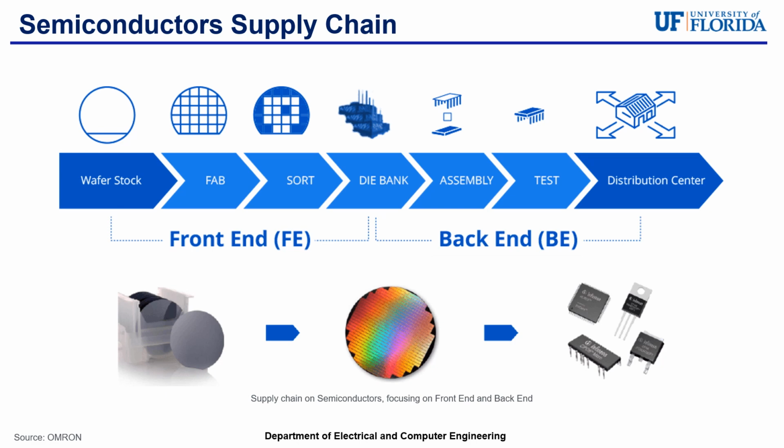This is where a semiconductor begins to take shape, and is a crucial step because the precision and quality of fabrication determine the performance of the final product. After the wafers are processed, they go through the sort step, where individual chips are tested for electrical functionality. This is important because only the chips that pass this test can be used in electronic devices.